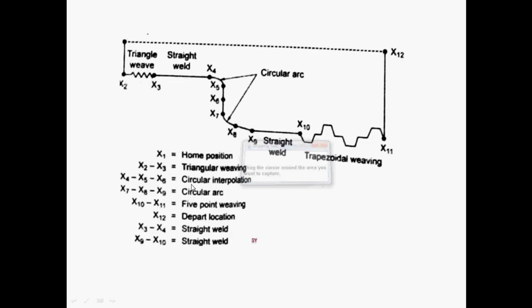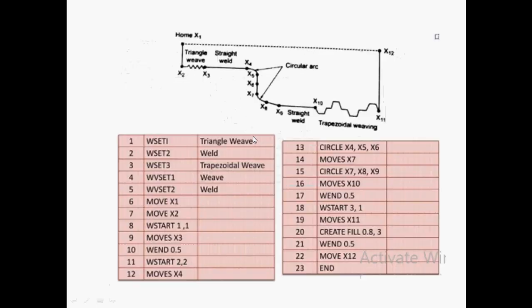Then the circular part, x4, x5 and x6, is a circular arc, or you can say circular interpolation. Next x5, x6, x6, x7, x8 is also a circular arc. Then x10 to x11 is a trapezoidal path, and x9 to x10 is called a straight weld. So this is the condition we are defining for that case. This is the important type we consider here.